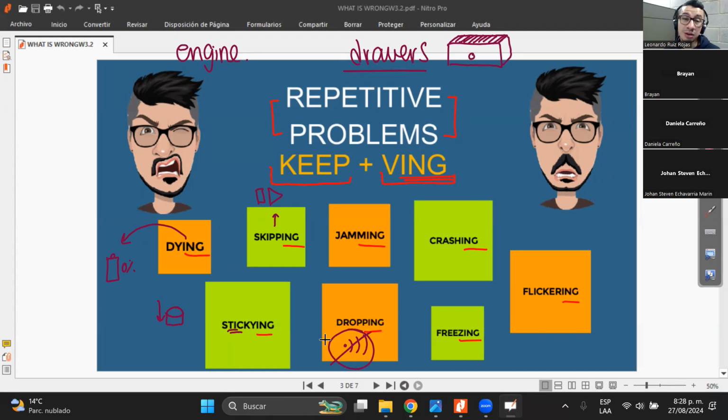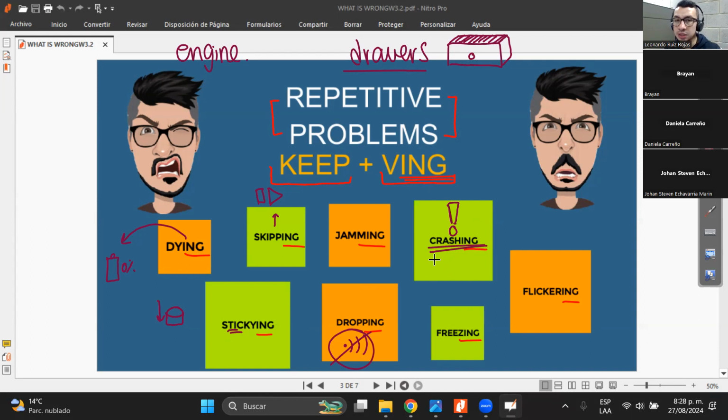Ready? So when I say the Wi-Fi keeps dropping, or the telephone signal, or Virgin keeps dropping, no? So it's very common that they keep dropping. Or I don't know, Claro signal keeps dropping, yeah? So it means that they continuously lose the signal, okay? Crashing, on the other hand, it's like a general problem or general error. Normally, when I say my computer keeps crashing, it's because it dies.